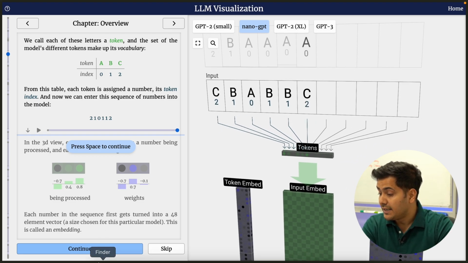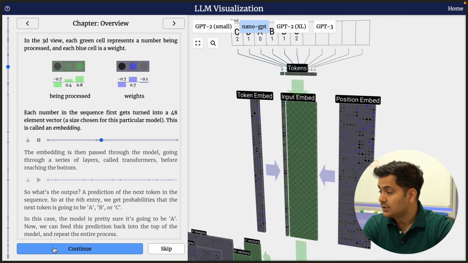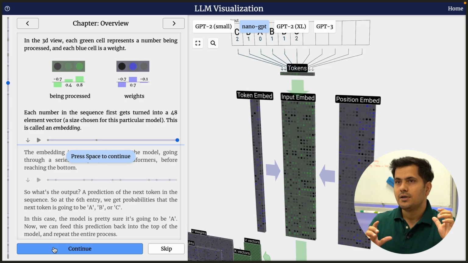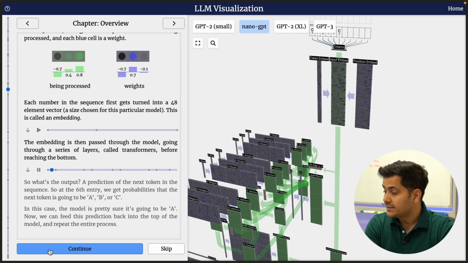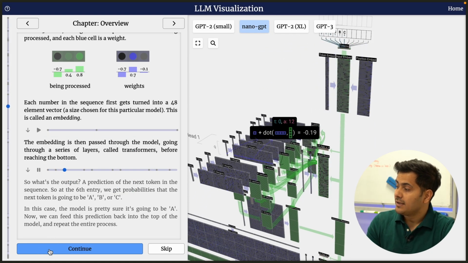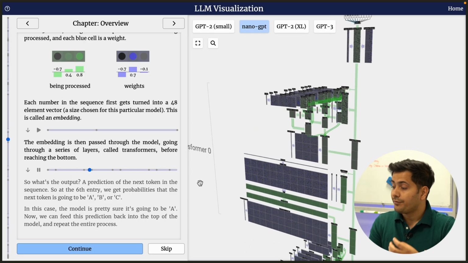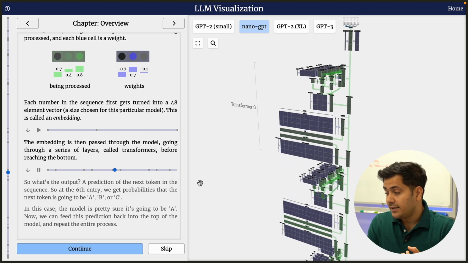Now the token then gets embedded into an embedding space. What that means is the token gets converted to a long array of floating points, which represents the token in a high dimensional space. And then your embedded input goes through each of the layers of the transformer model's neural network, and some of these layers are attention layers.